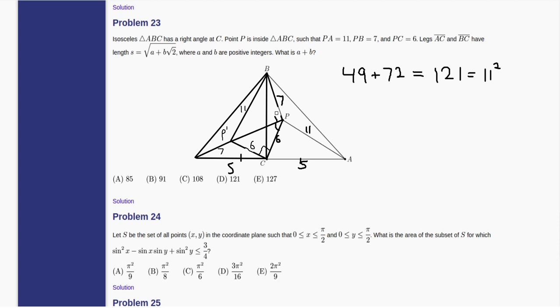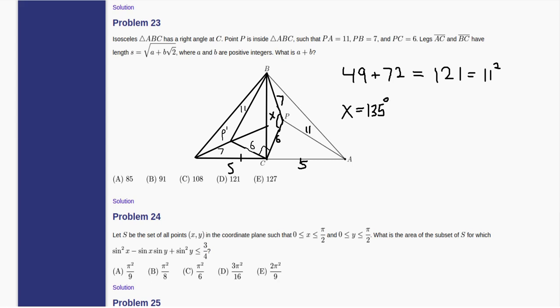So this entire interior angle, if we call it x, this x is 135 degrees, because it's 90 plus 45. The 45 comes from this isosceles right triangle.